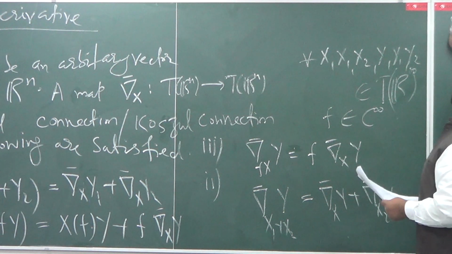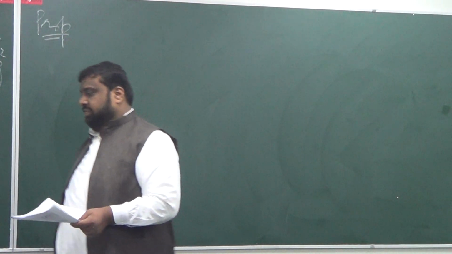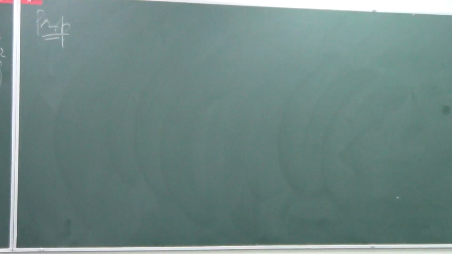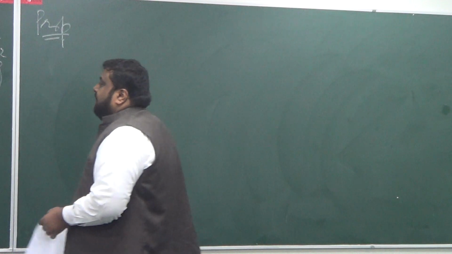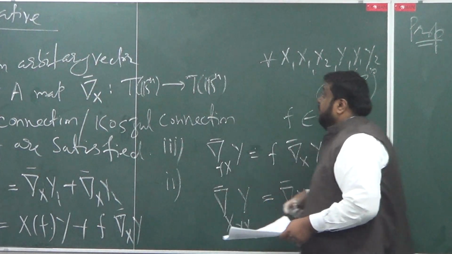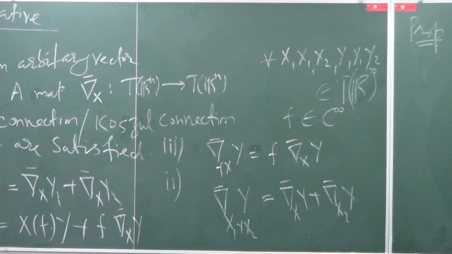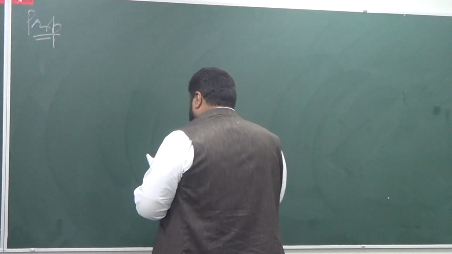There's a proposition. In Rn, I can give you an example of this particular map. There can be others, but I can give you one example. So here's a quick proposition. I'm not going to prove it, you have to verify it for yourself.